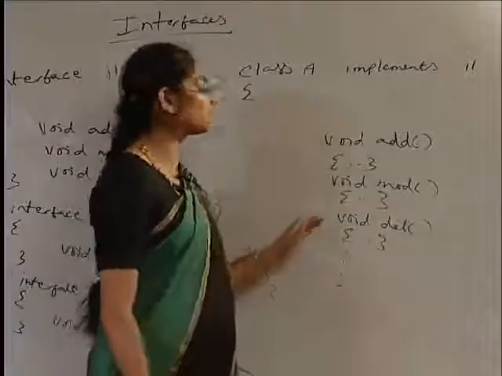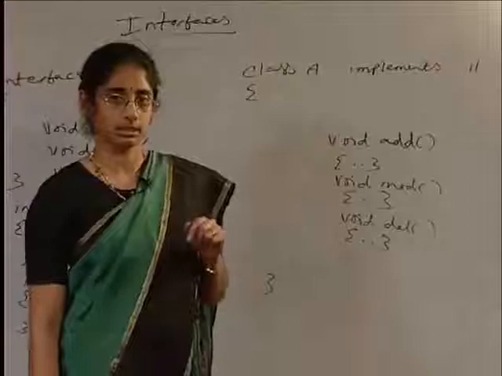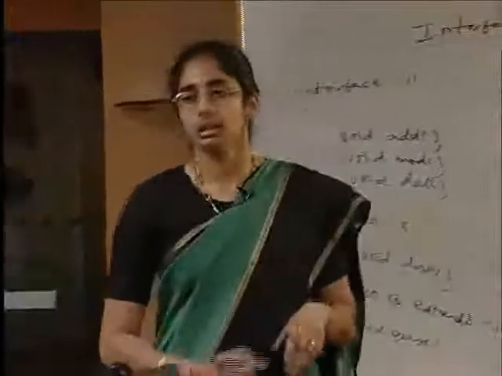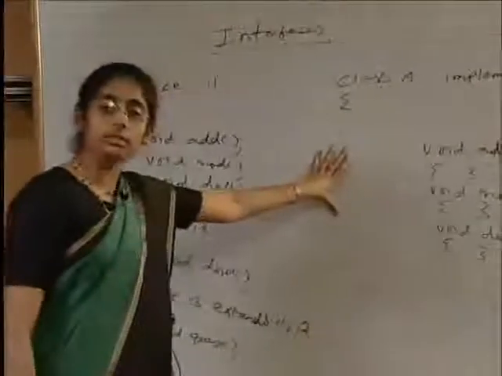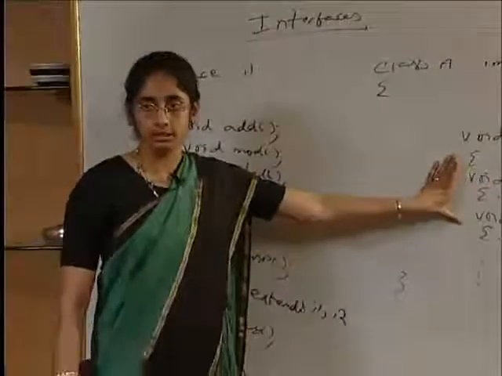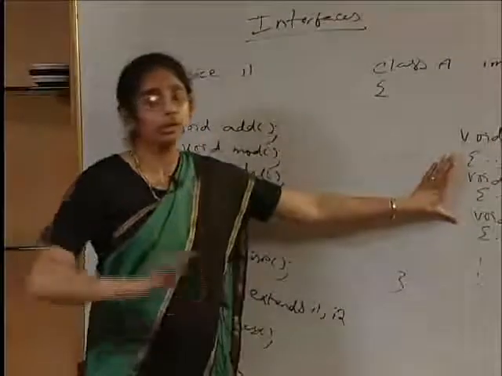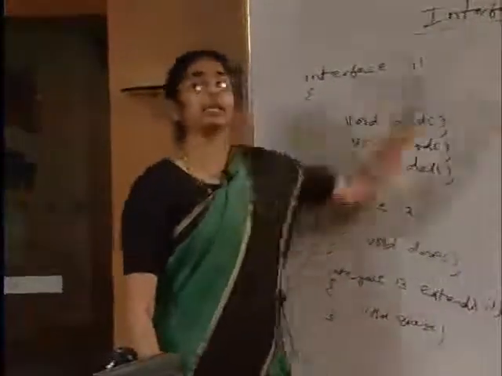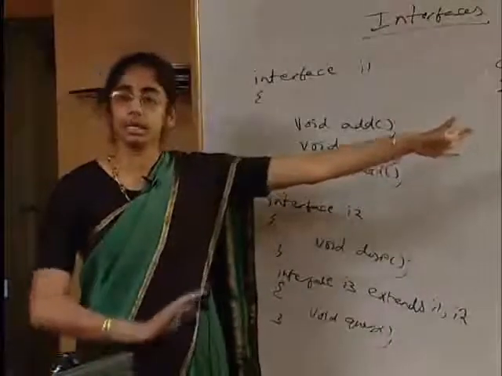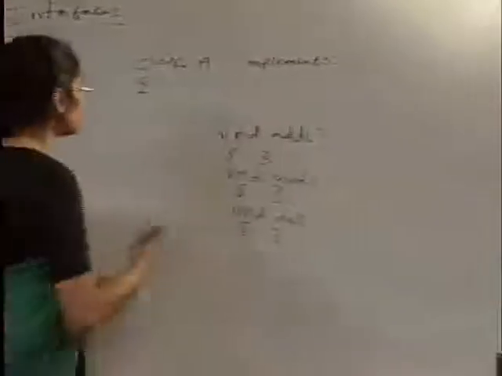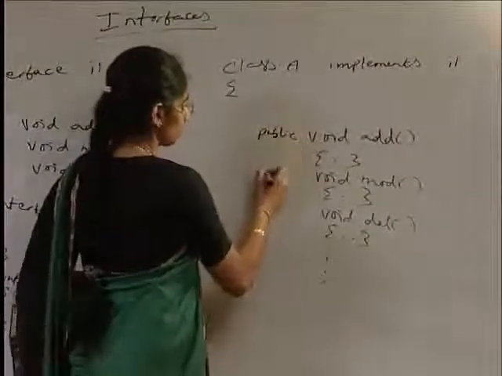When you don't mention the access specifier, it's taken as default. So the error message while compiling is that you're trying to restrict the access. You can never override or implement a method from the parent in the child by restricting the access, but you can always expand upon the access. Suppose I have a protected method, I can make it public by expanding the scope, but you can never restrict the scope. So we must explicitly say public here.